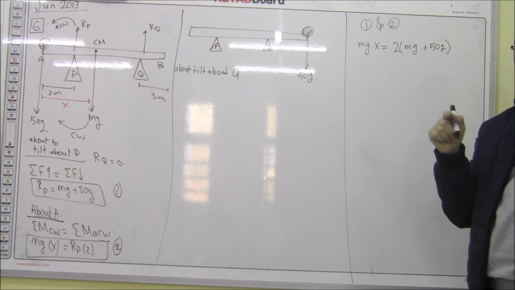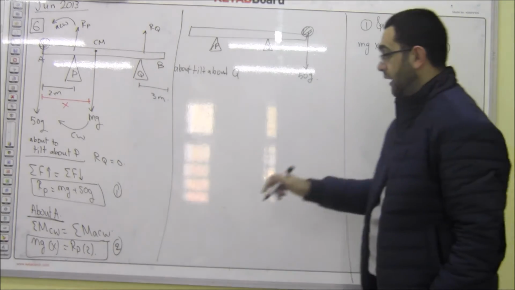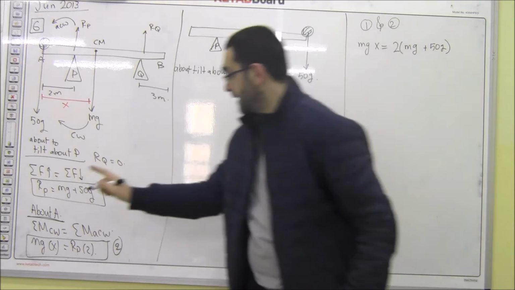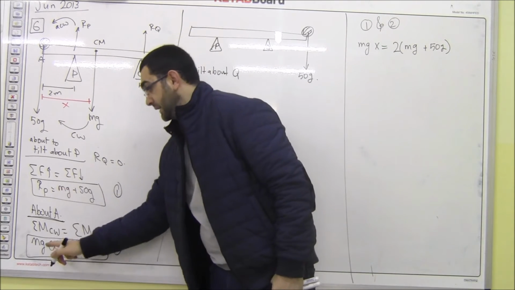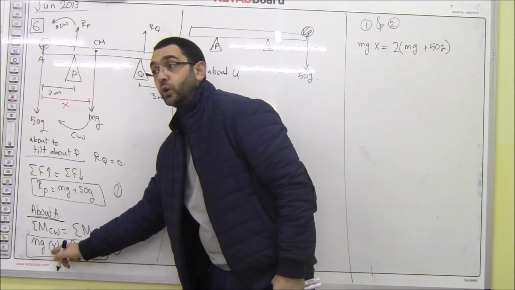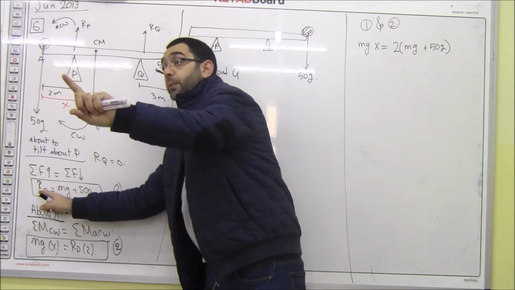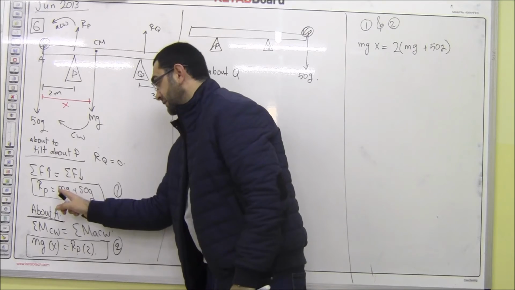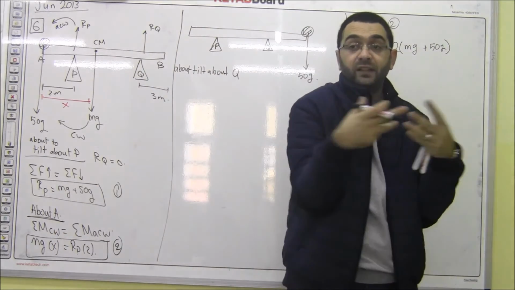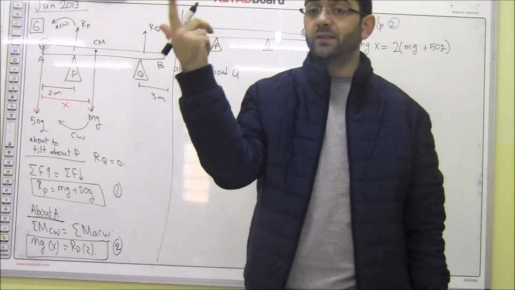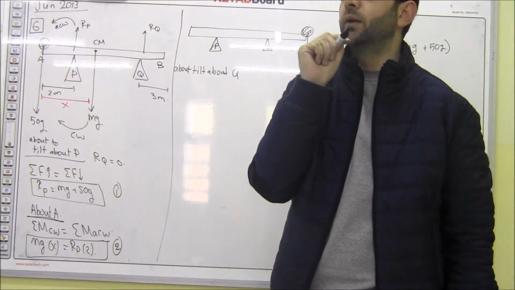I excluded RP from the calculation because we are asked to find M and x. So I rearrange these two equations to get one equation with two variables, M and x.